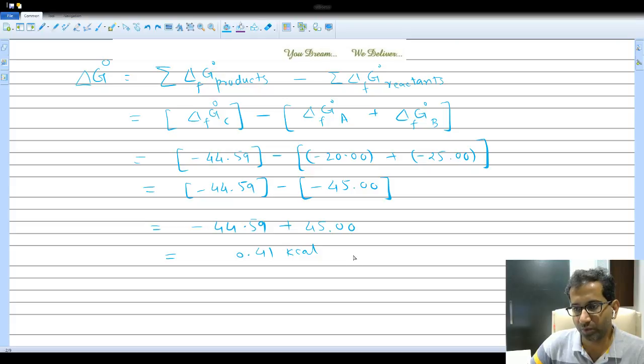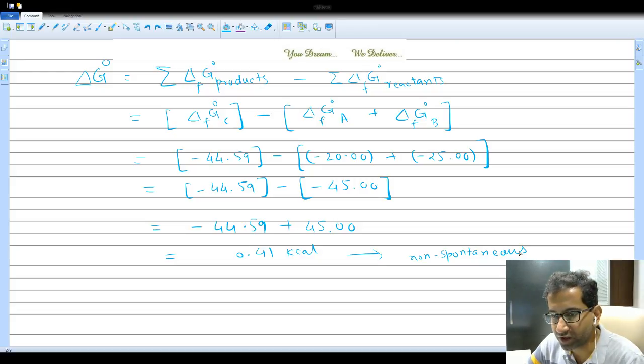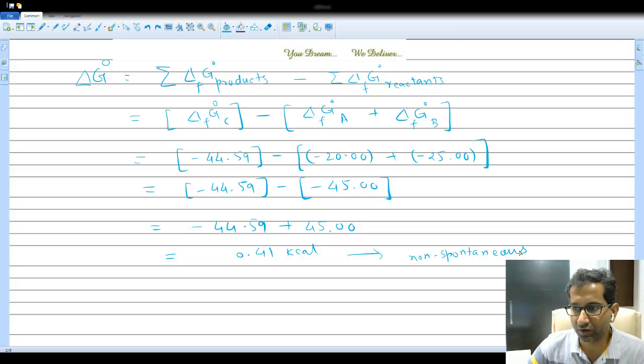The value is positive, so you can understand the reaction is non-spontaneous under standard condition. Now using this value, we will have to find out the value of the equilibrium constant.